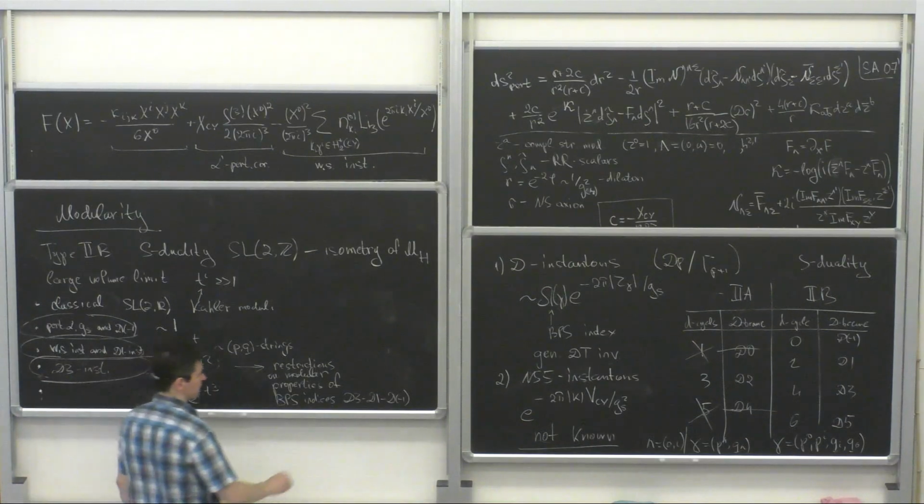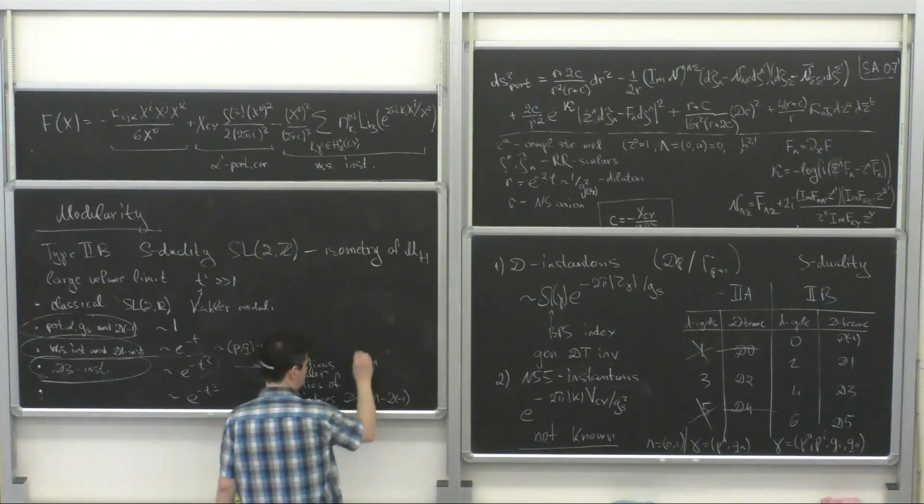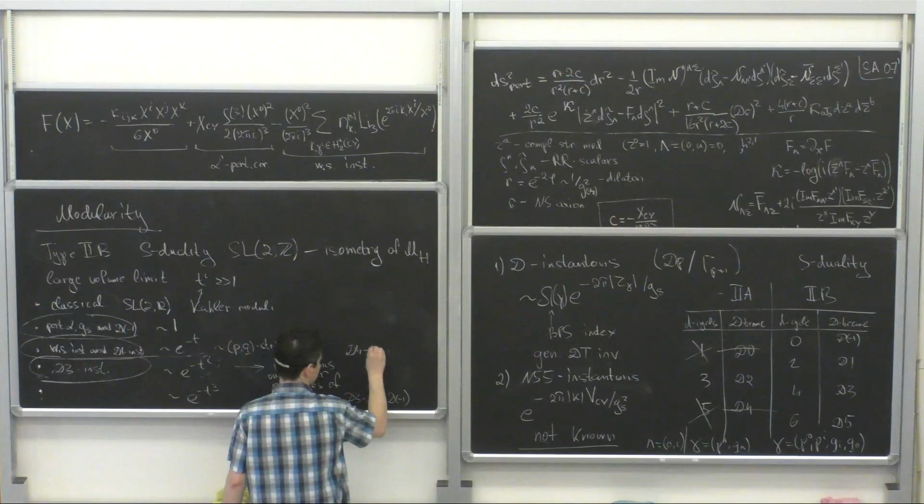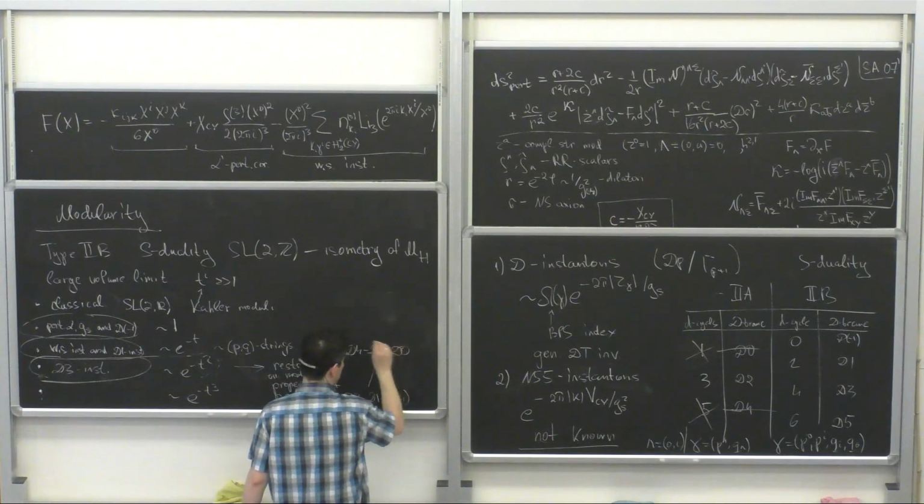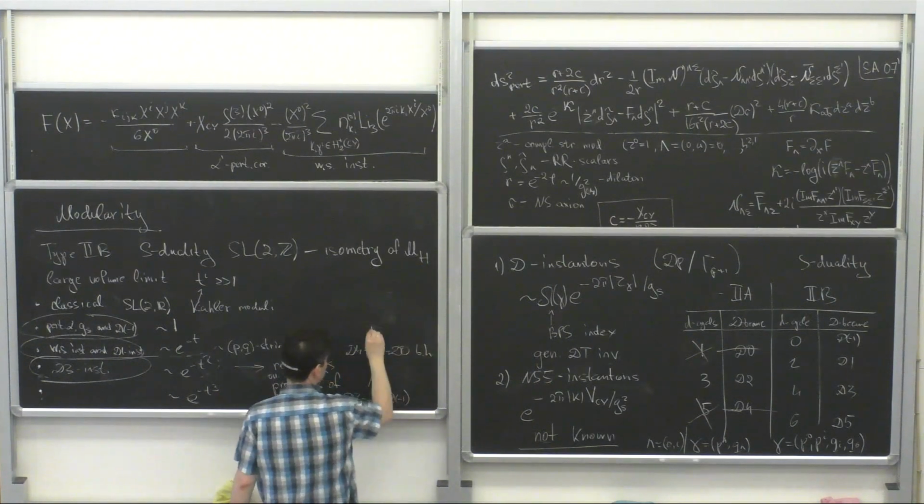Or, again, you can map them to D4, D2, D0 black holes in type 2A.